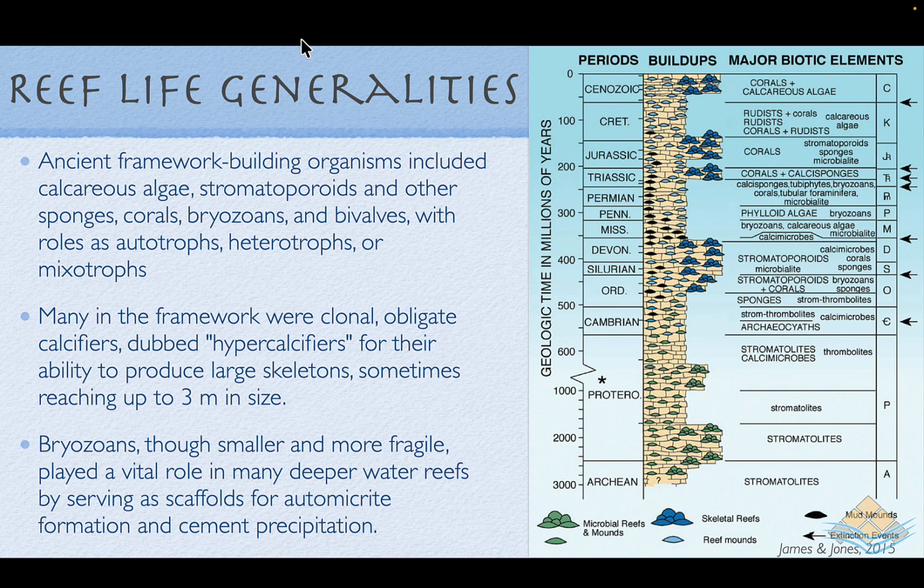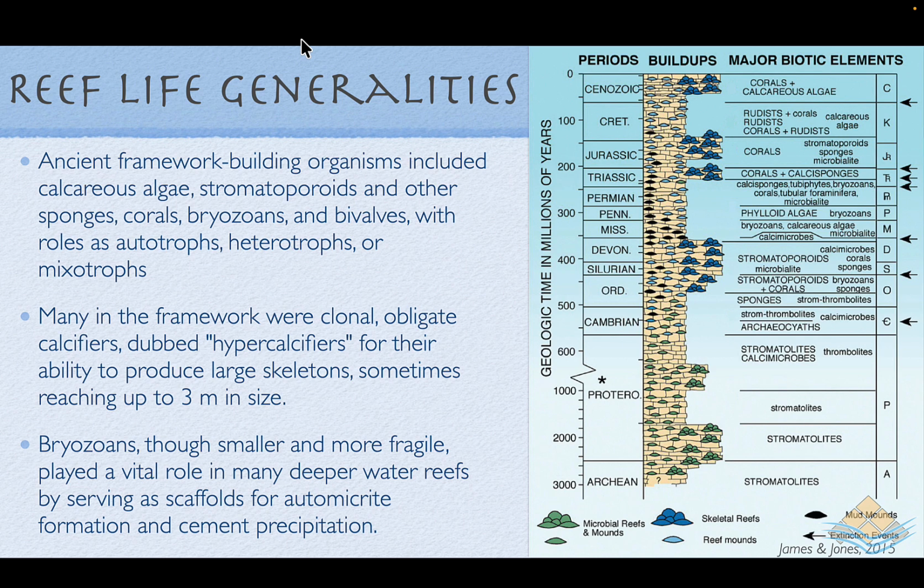Some of these framework builders were autotrophs. They were photosynthesizers. Other components in that reef were heterotrophic, but others were mixotrophic, where they had a symbiotic relationship with photosynthetic organisms living in their skeletons or in their cellular fluids, as we see today in that combination between the zooxanthellae and modern-day corals.